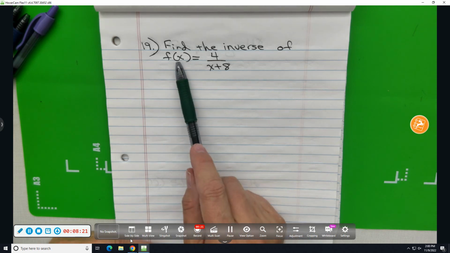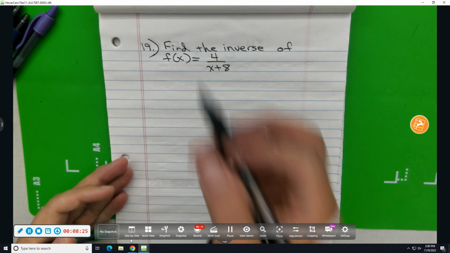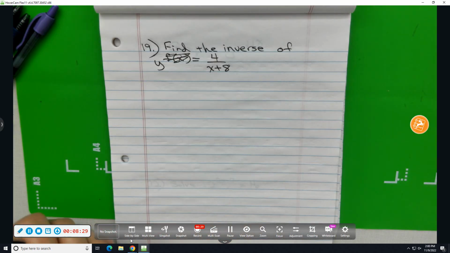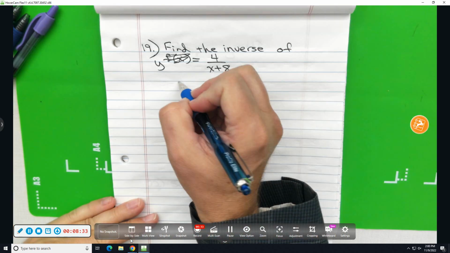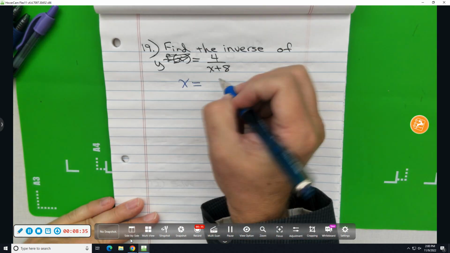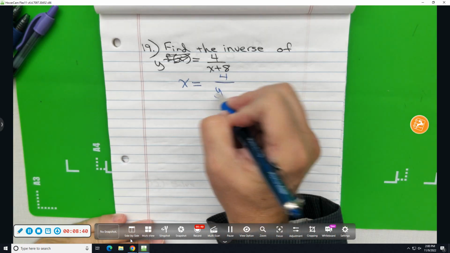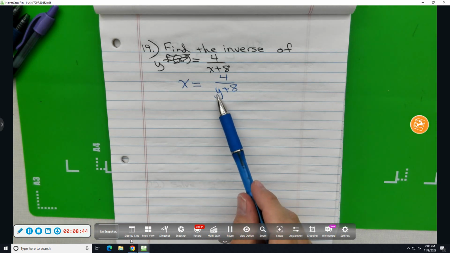Remember, f of x is just a fancy way of saying what letter? Y, that's right. F of x is just a fancy way of saying y. So, you replace the y with an x, x equals 4 over, you replace the x with a y, and now we have to solve for y.